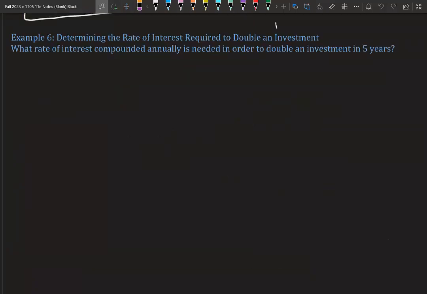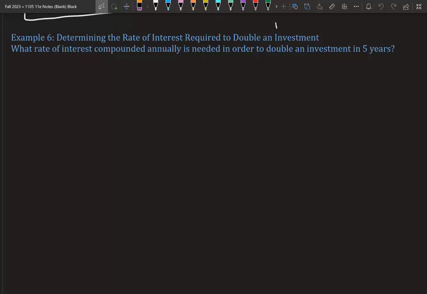Determining the rate of interest required to double an investment. What rate of interest compounded annually is needed in order to double an investment in 5 years? So we want to know, what interest rate do we need in order to double my investment? Because maybe that's what we're looking for.